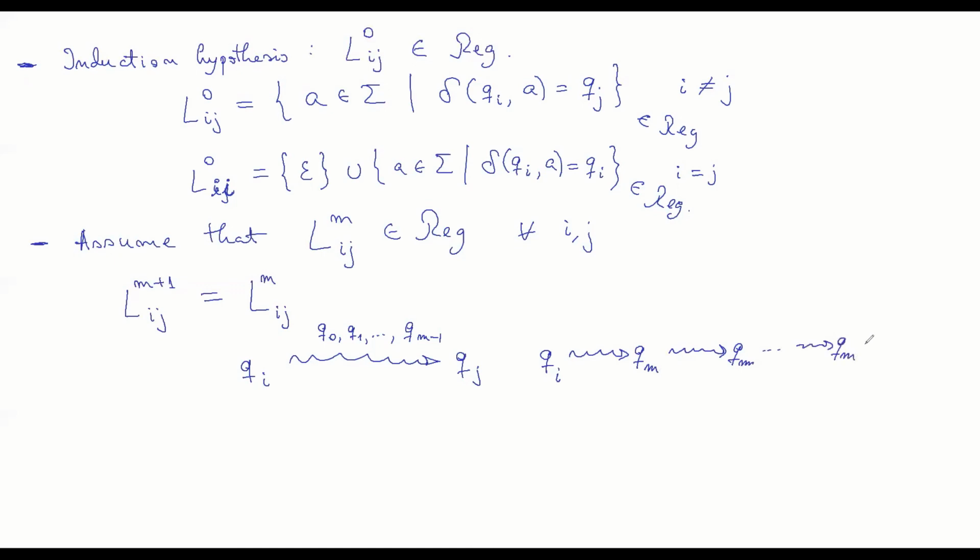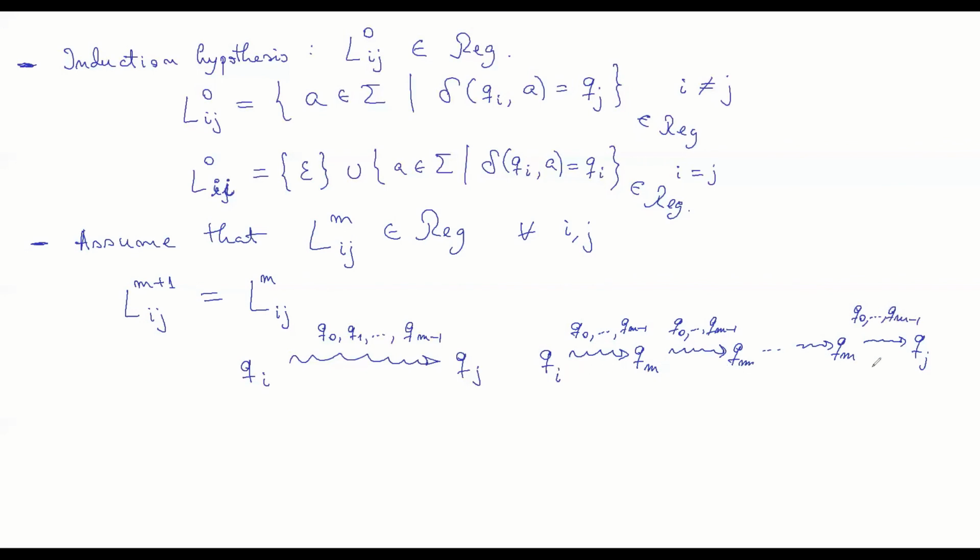And then eventually I go to Qj. And because I'm writing all the occurrences of Qm in this computation, here in between I only have states up to Qm minus 1. So everywhere here is just states up to Qm minus 1.